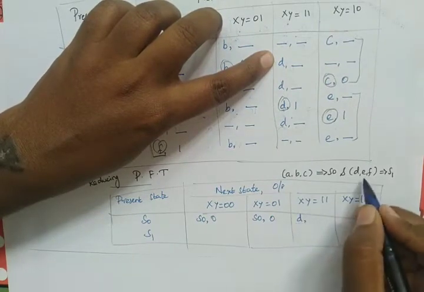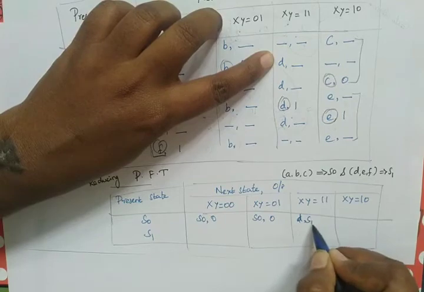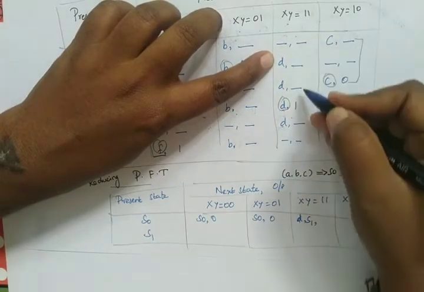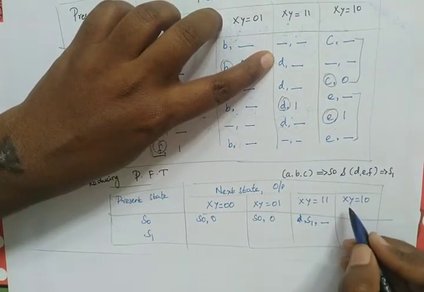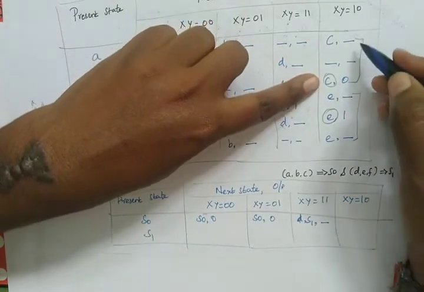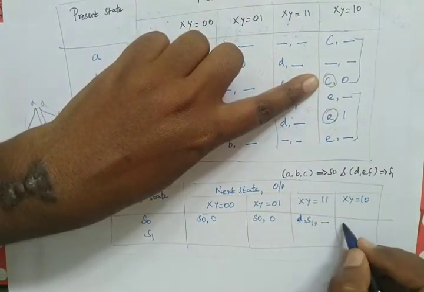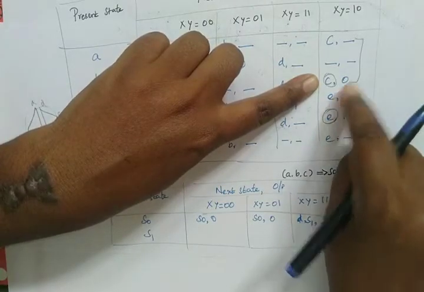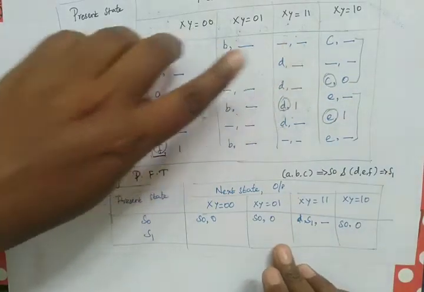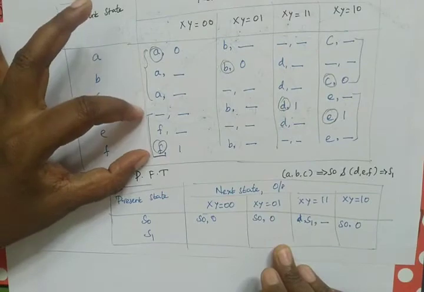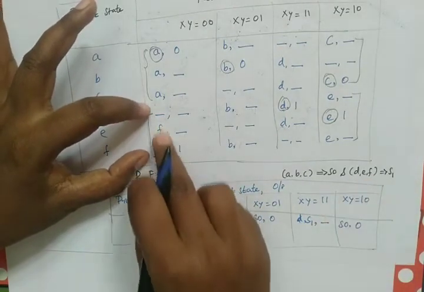So D represents S1. So this is S1, comma. Here we have dash. So dash. And here C. So for the first three we are getting C. So C comes under S0. S0, comma. Here we have 0. That's it. Now let us move on to the last three. That is D, E, F. Here we have F.